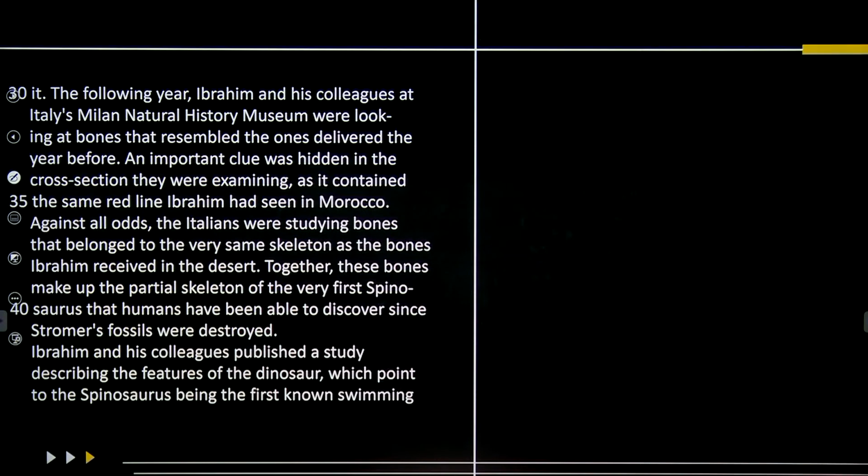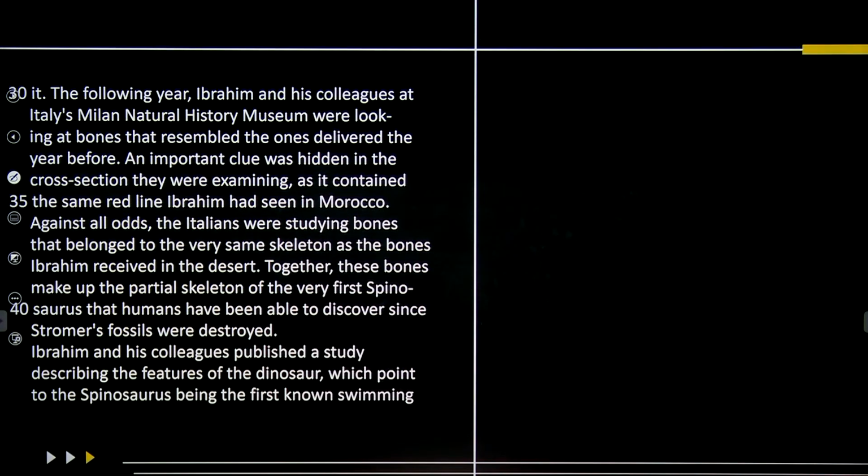Against all odds, the Italians were studying bones that belonged to the very same skeleton as the bones Ibrahim received in the desert. Together, these bones make up the partial skeleton of the very first Spinosaurus that humans have been able to discover since Stromer's fossils were destroyed.